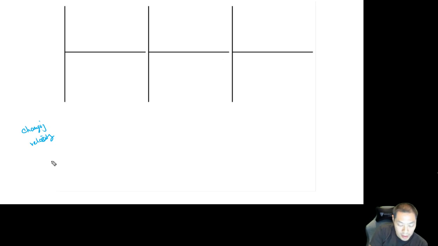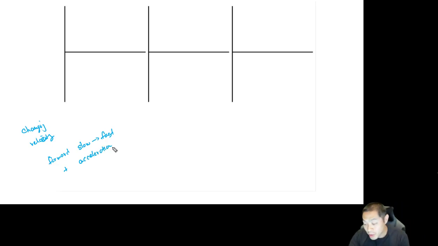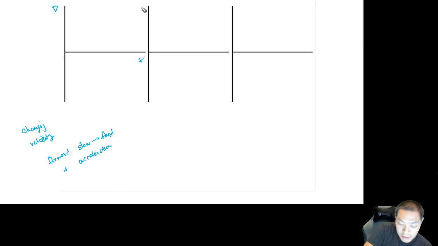The first one is forward, slow to fast, or positive acceleration. The most classic example is the first thing that we did in class, which is a rocket that's blasting off. If a rocket's blasting off, the displacement versus time graph is going to look like a rocket blasting off.